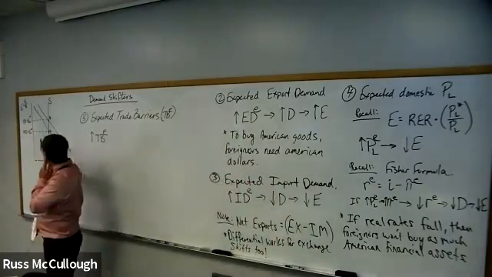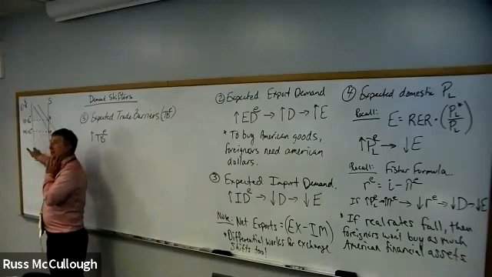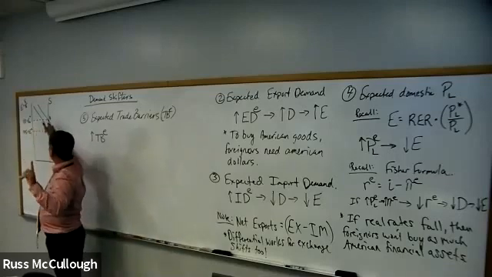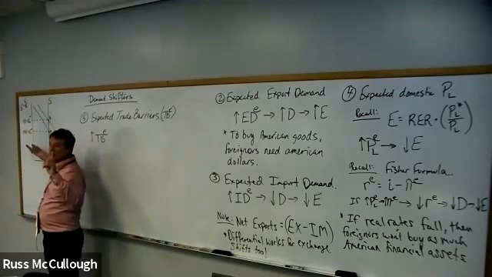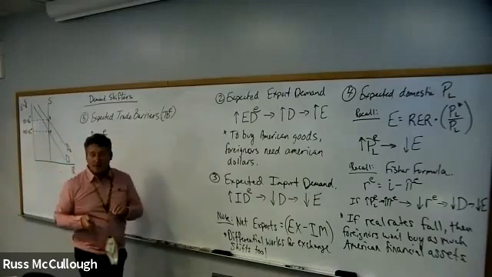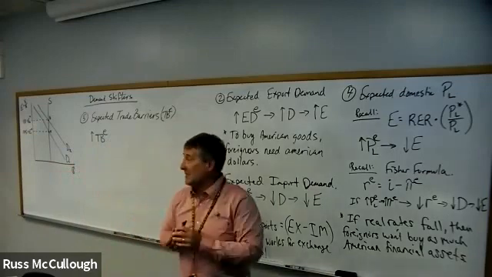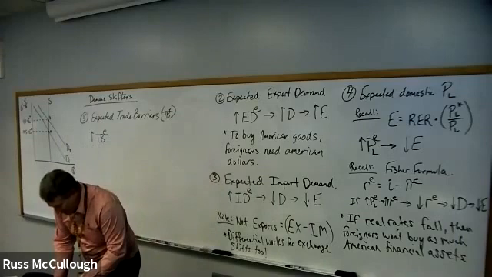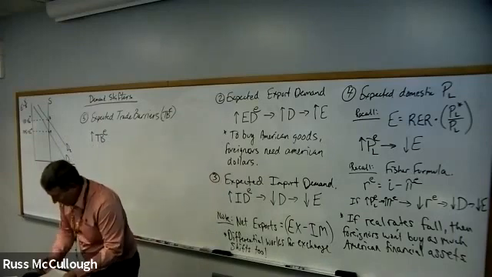They can go buy from Germany or buy from somebody else. So we jack up our prices effectively with the tariff, and they're not going to buy as many American goods. So the tariff effect is going to ultimately be a decrease in demand, is what you think it is.